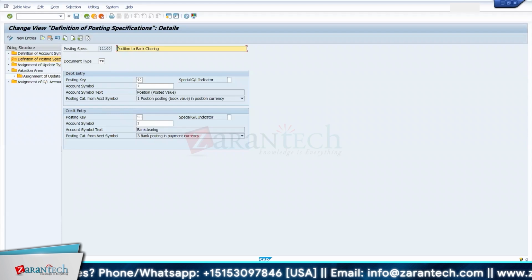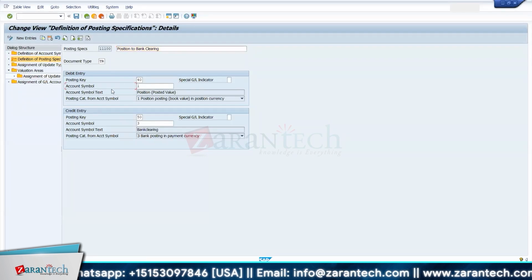Okay. And second, you see account symbol. Account symbol is used for the account determination. Like in FI-MM or FI-SD integration, you use the valuation class.